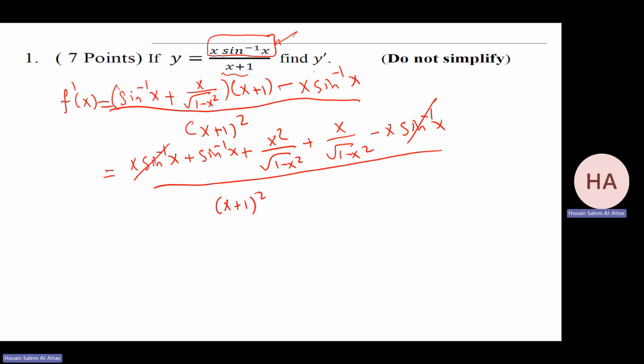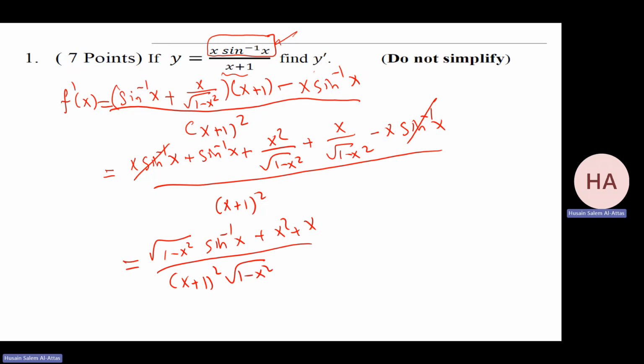This is cancelled. That's the most important thing. Where I can now rewrite this: square root 1 minus x squared times sine inverse of x plus x squared plus x, over x plus 1 square times square root 1 minus x squared. This is what I did. I'll just simplify it.